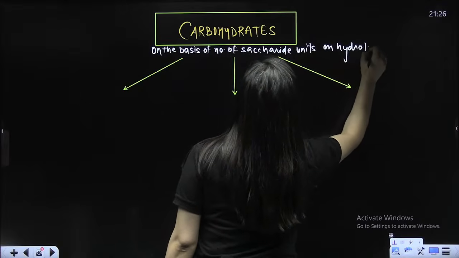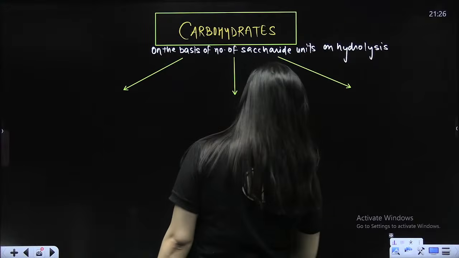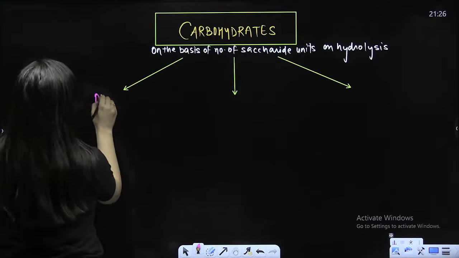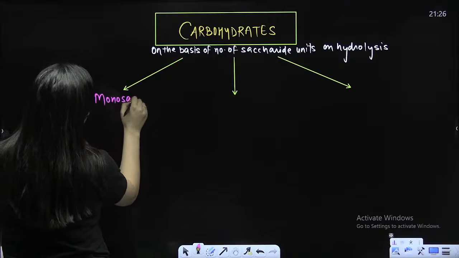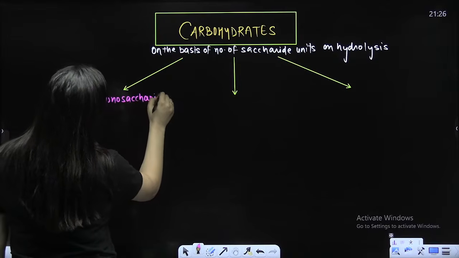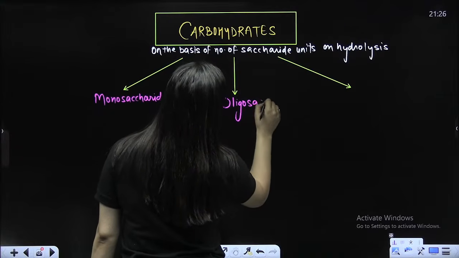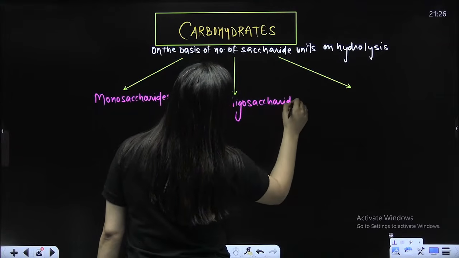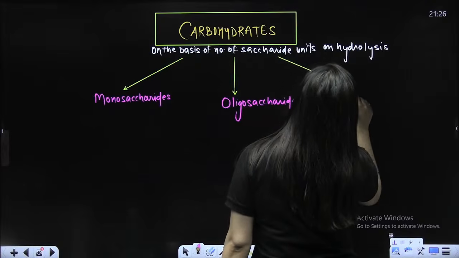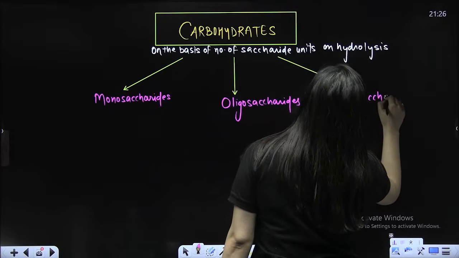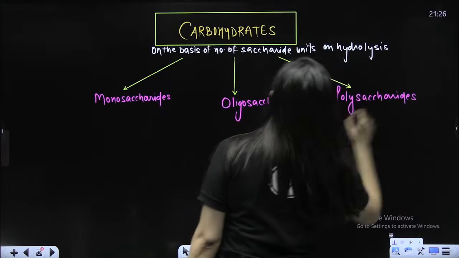Okay, on hydrolysis. So let's discuss that. There are three things which we need to focus on. Monosaccharides are there, oligosaccharides are there, and then comes the polysaccharides. Is that clear? Monosaccharides, oligosaccharides, and polysaccharides.